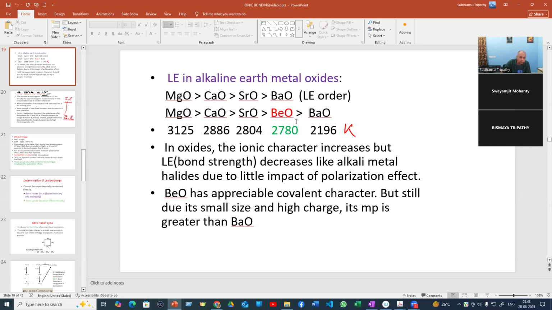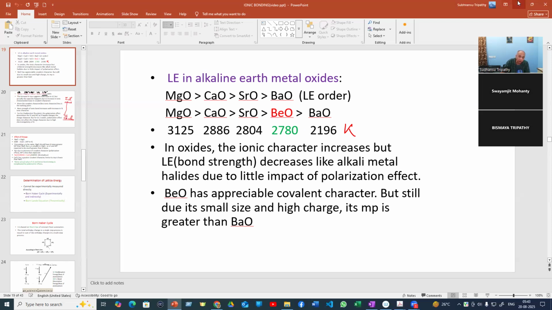If you do not consider its covalent nature and only say that it is ionic, then it should come first. It should have come first before magnesium oxide. But because it is having appreciable covalent nature, it is coming way down. 3125, this is in Kelvin, and it goes on decreasing.